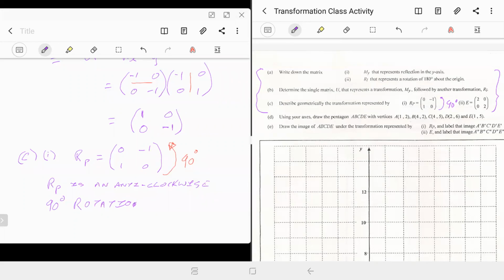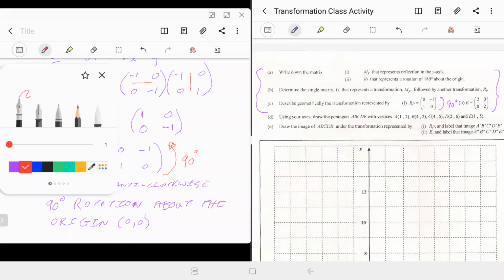Don't forget the center, which is the origin, about the origin. Everyone can write 0, 0.